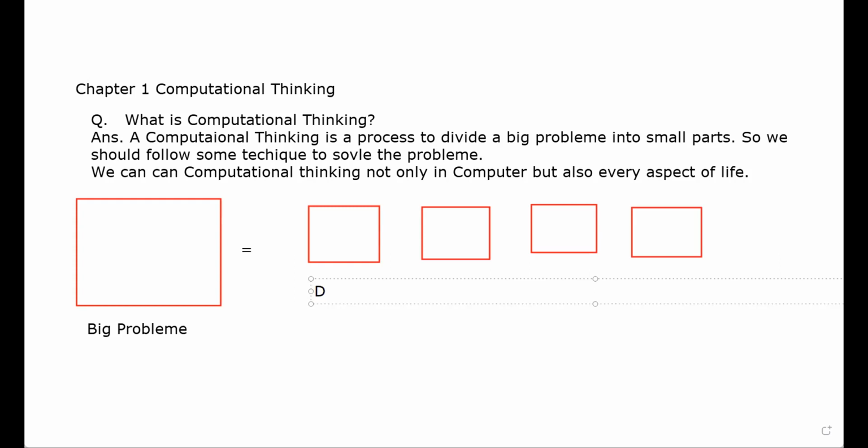Dividing a problem into small parts is called computational thinking.